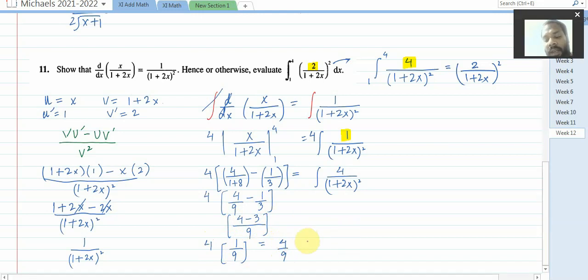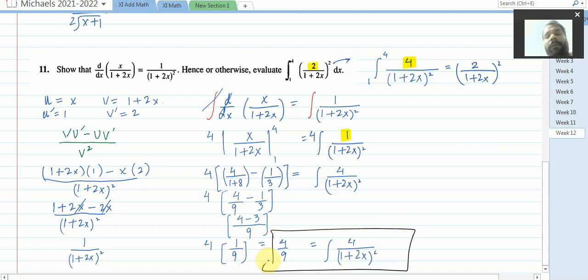Alright, and on the right side we have the integral of 4 divided by (1 plus 2x) whole square, and that is your answer. Such questions might be confusing for you at the beginning of this reverse integration technique, but once you have solved 3, 4, 5 questions, then you can easily get the concept of how to find the integral of those functions that are multiplying or dividing with the help of their differentiation.